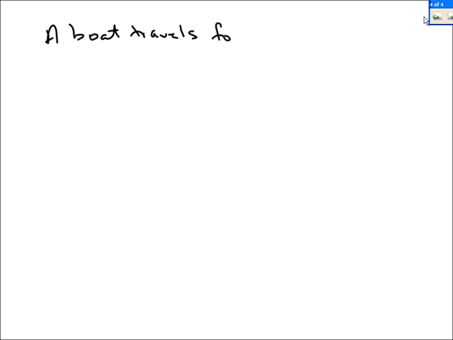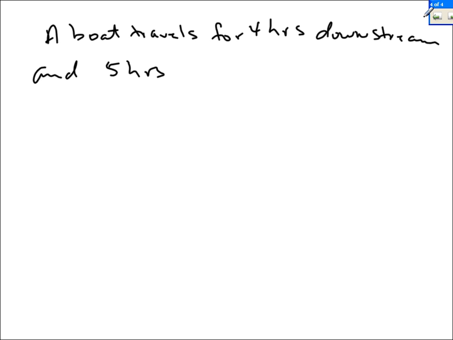Okay, so you come to know a boat travels for 4 hours downstream. And on the return trip, it takes 5 hours upstream. They go on the same route. First they go downstream, then they go upstream.